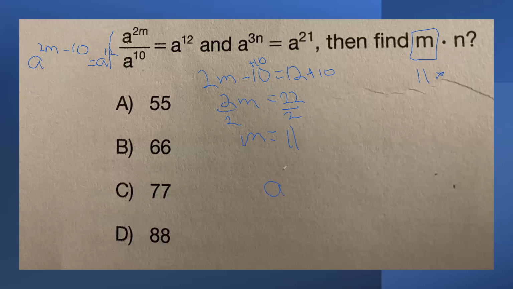A to the 3n is equal to a to the 21st. If the bases are the same, then the exponents have to be the same, so we can drop the bases and we get 3n is equal to 21. What number times 3 gives me 21? That number is 7, because 3 times 7 is 21. So we need to find m times n. 11 times 7 is 77.